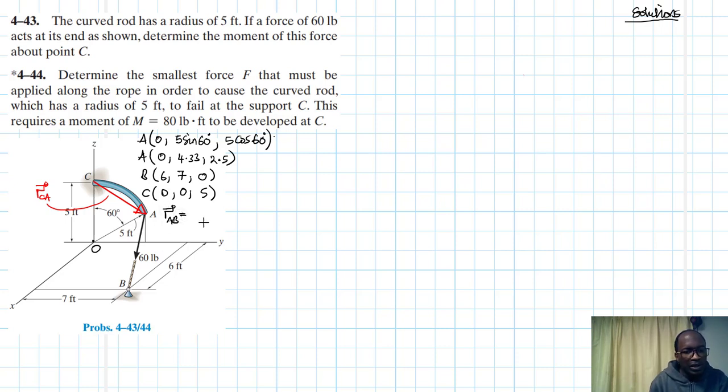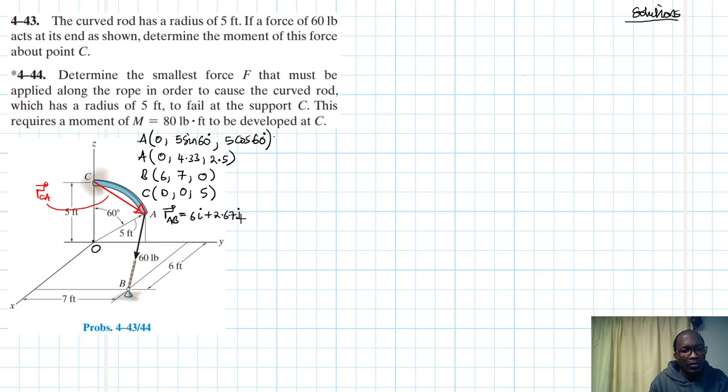Because we need a unit vector there. Sorry, B minus A. That is 6 minus 0, that's 6i. 7 minus 4.33, this is a plus 2.67j.